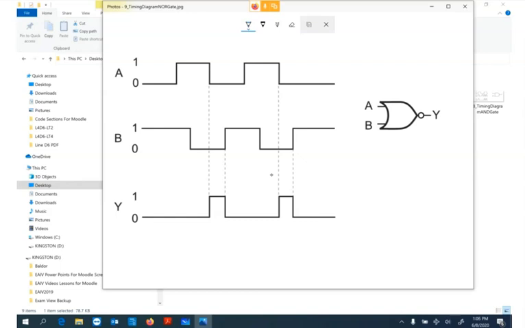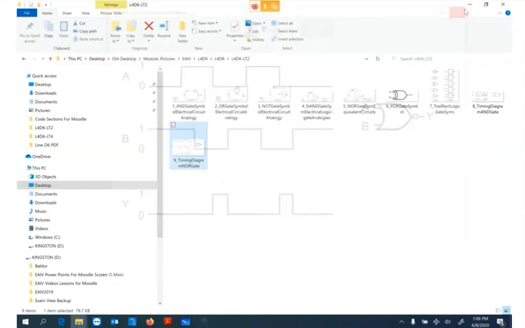So in order for a NOR to have an output true, both A and B have to be 0. And we can see that this goes 1. So any high makes our Y go low. So instead of a 1 making a 1, it makes a 0. So it's the opposite of an OR. Head hurting yet? Makes my head hurt sometimes.